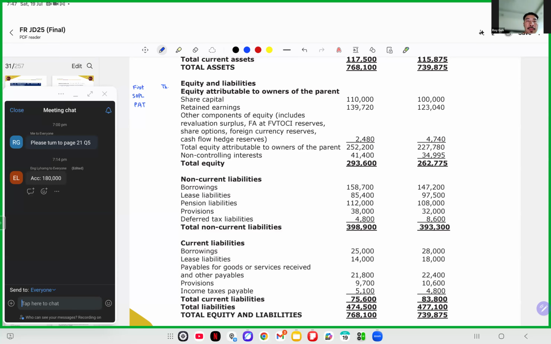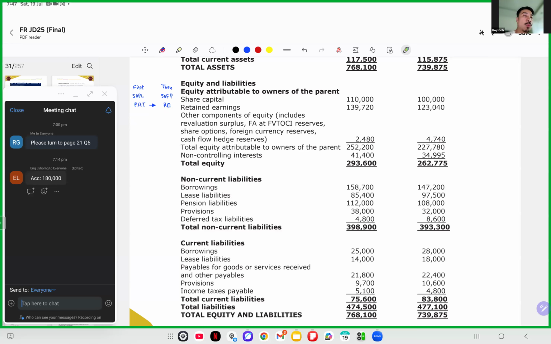Then I have the statement of financial position called the balance sheets, and it will give me the retained earning. So what first? The PAT first, then the retained earning next.